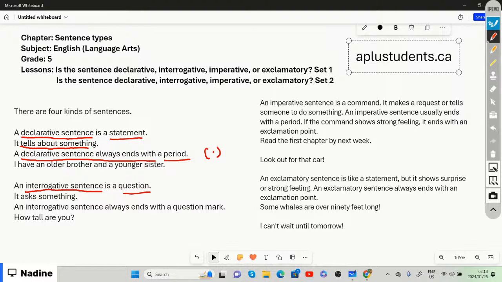For example, in movies where the cops take someone in for questioning and they're interrogating the person, meaning they're asking the person a lot of questions. So an interrogative sentence is a question, and it asks something.